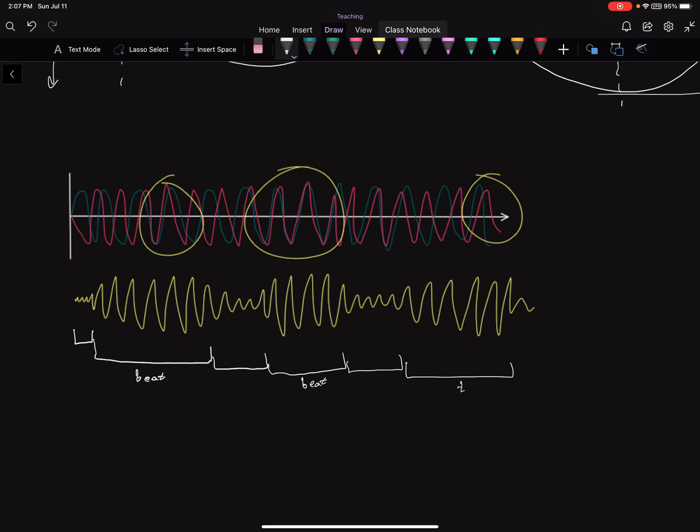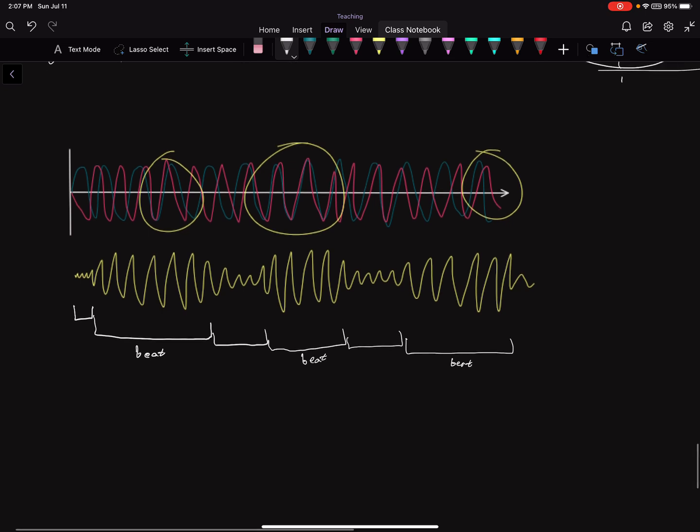And the beats, you're only hearing beats because they're distinguished from the quiet parts. And that demonstrates, just with two frequencies, why we hear beats.